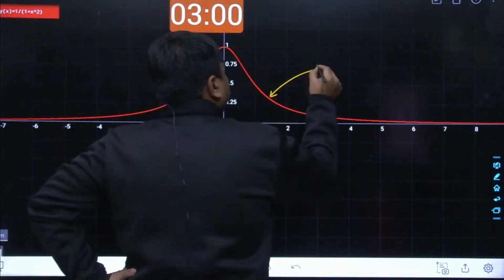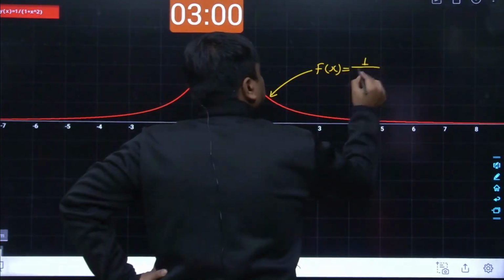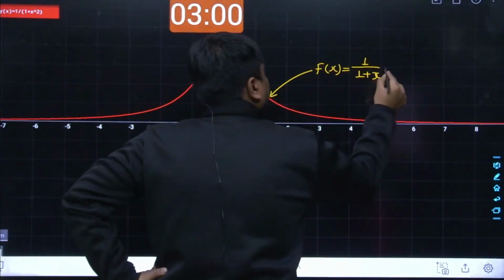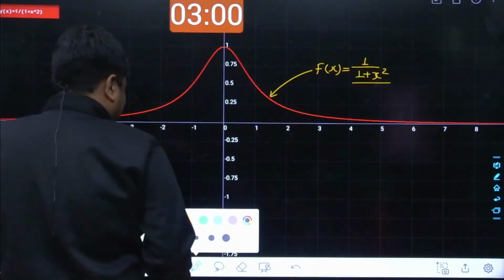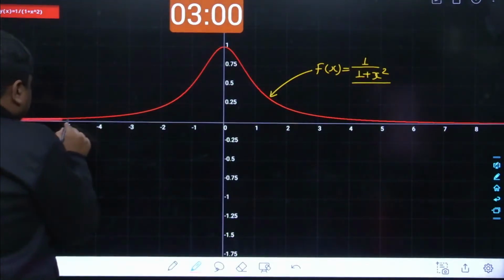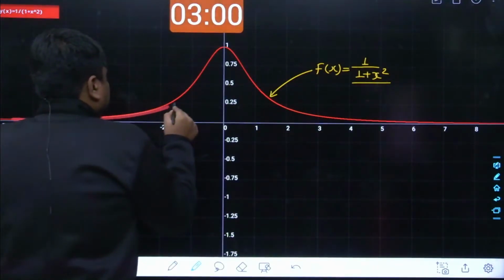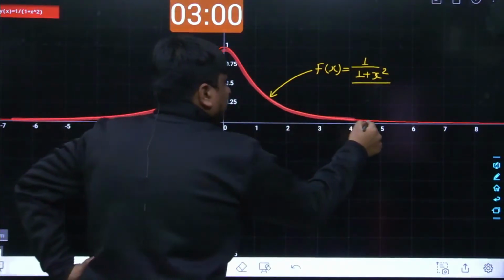This is the function f of x equals 1 divided by 1 plus x square. And if we talk about the area considered by this structure, you'll see after 7 or 8, the area considered is almost 0.